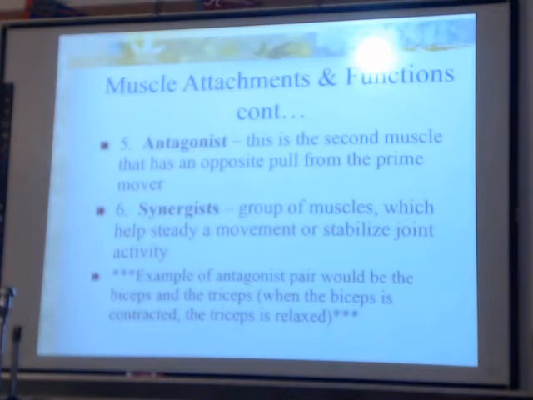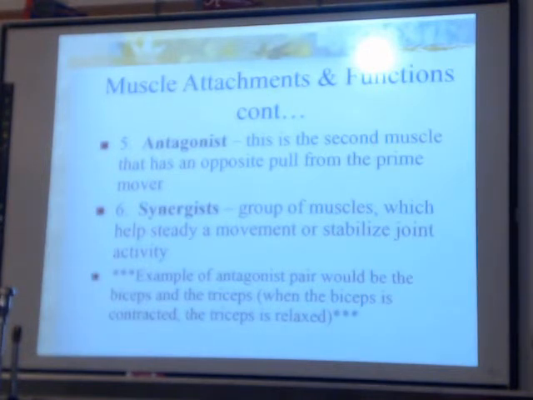We talked about an antagonist already, and that's the muscle that acts the opposite. So it is contracting when another one is releasing. Synergistic would be a group of muscles that work together for stability.